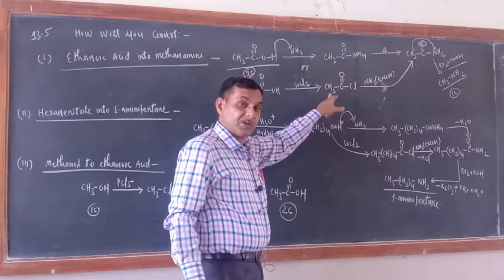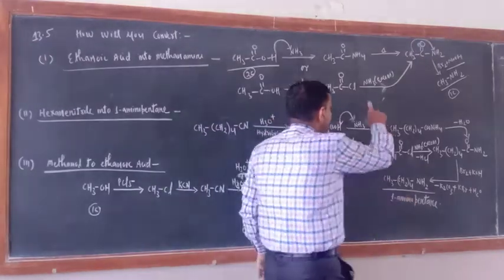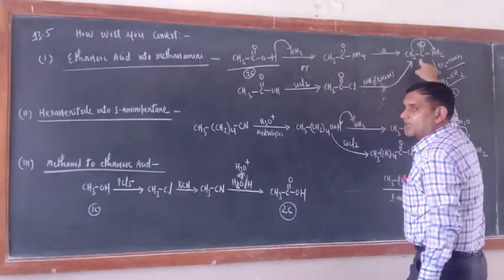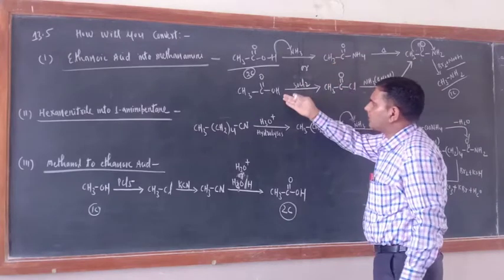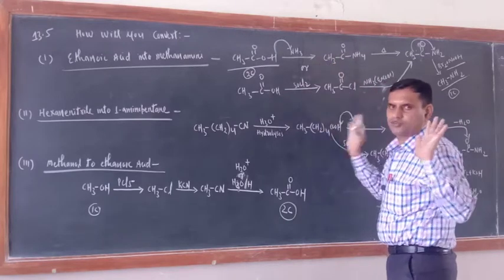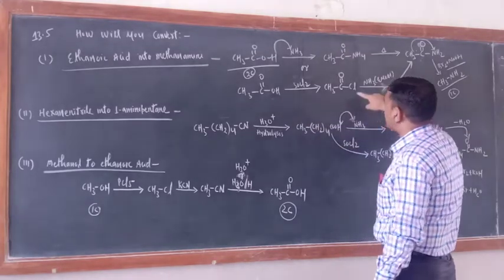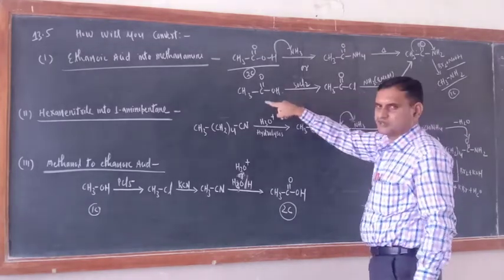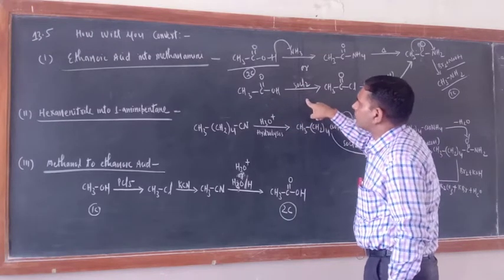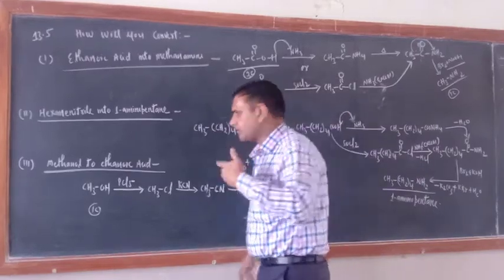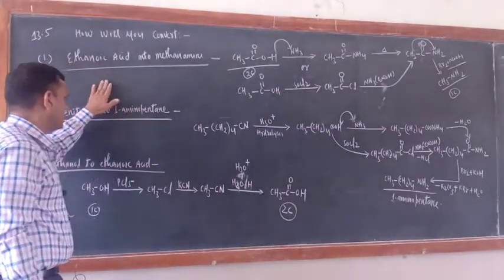Now when the acid chloride reacts with excess NH3, then also you can get the amide. So both ways are correct. Either you follow this path or this path. Actually, the yield would be more in this way when you subject the carboxylic acid to SOCl2. This is also good. There is no problem. Either one you can follow.